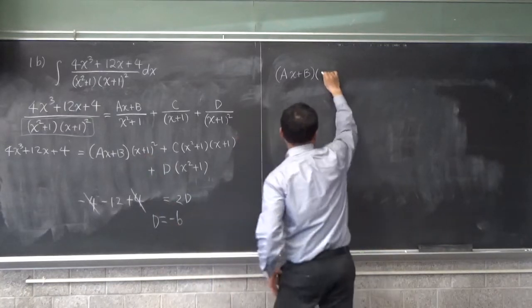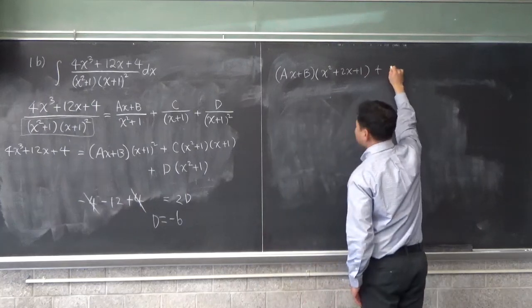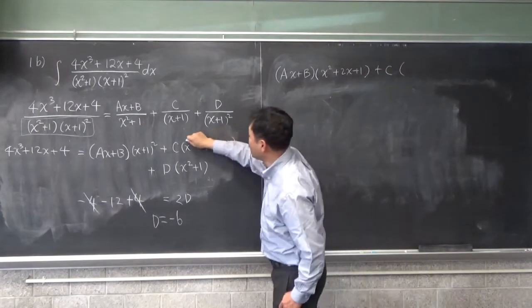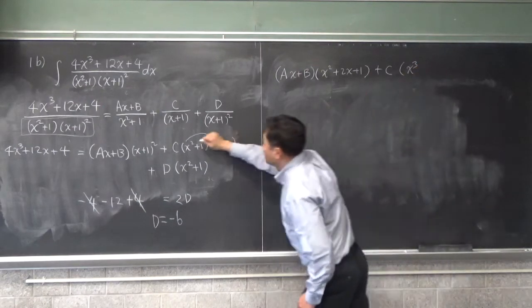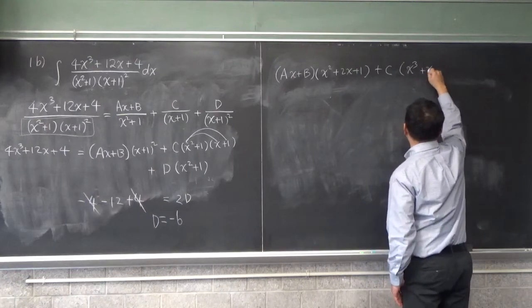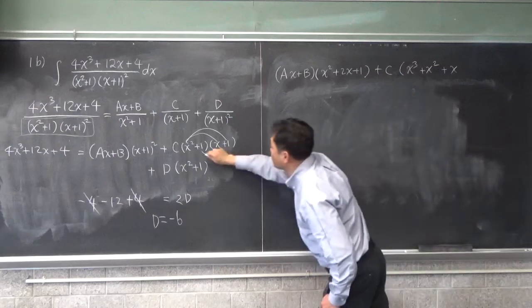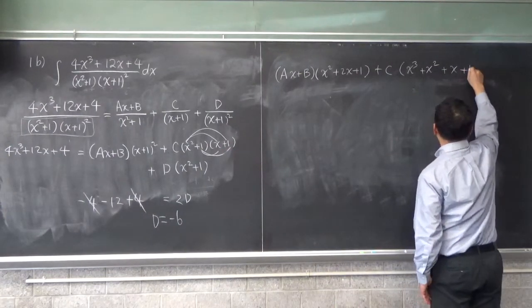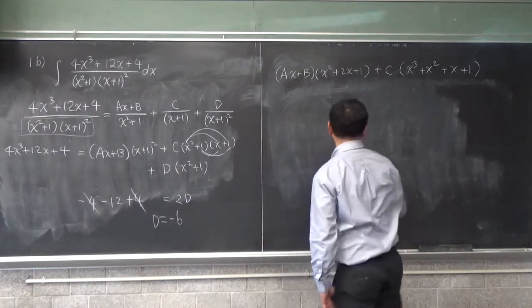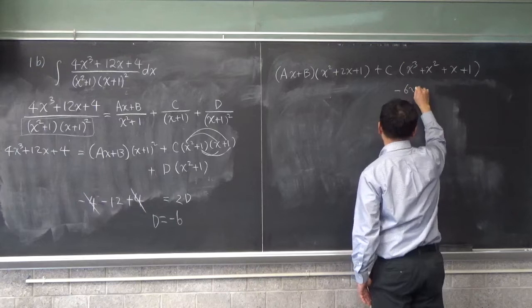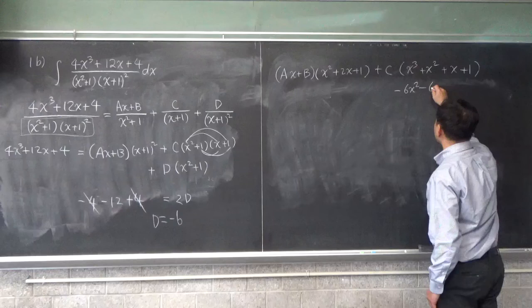x plus 1 squared will be x squared plus 2x plus 1, plus c times, this will be x cubed, x squared, 1 times x will be x, and then 1 times 1 will be 1. d is negative 6, so negative 6 times x squared would be negative 6x squared. And then negative 6 times 1 will give you negative 6.